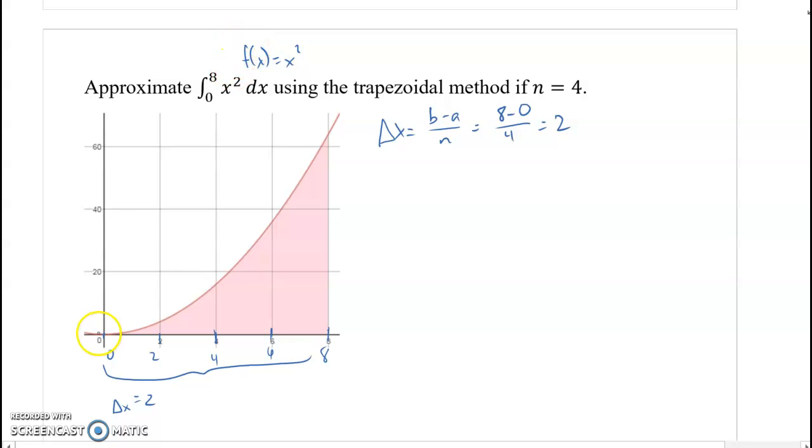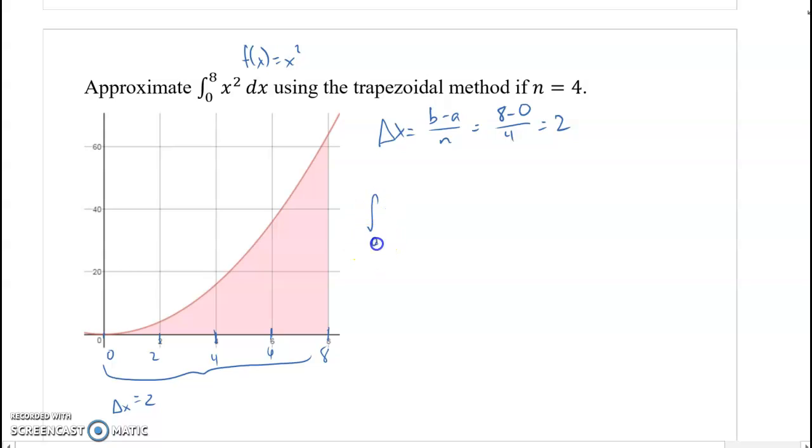So what we need to do is find the left height and the right height of the first trapezoid, f of 0 and f of 2. And then we're going to find the left height and the right height of the second trapezoid, f of 2 and f of 4, etc. And you're going to notice that the f of 2 and the f of 4 and the f of 6 get used twice, whereas the f of 0 and the f of 8 end up only getting used once.